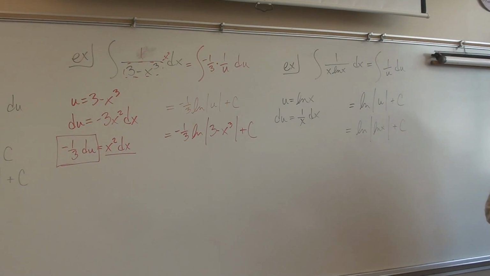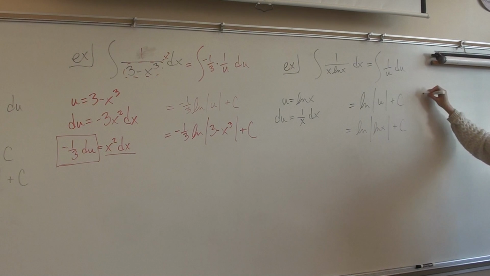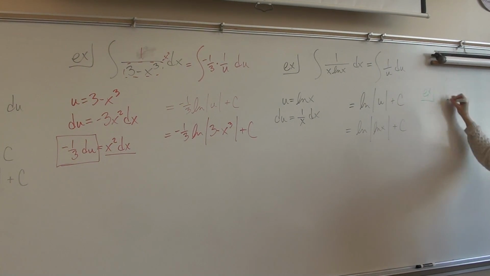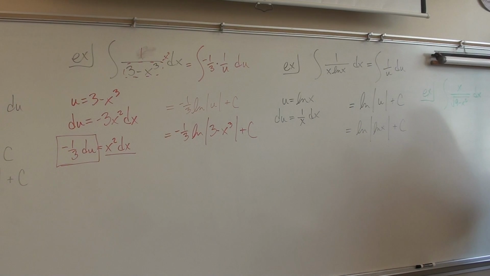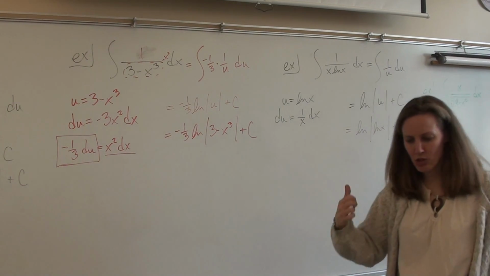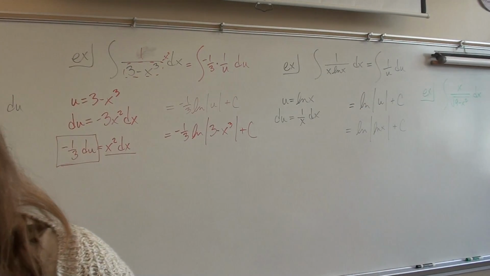All right, good. One more example, and then we're going to move on to a new type of problem. This is just to warn you about what you might see tonight in your homework. Take a second, do the u-substitution, rewrite the integral, see what you get.